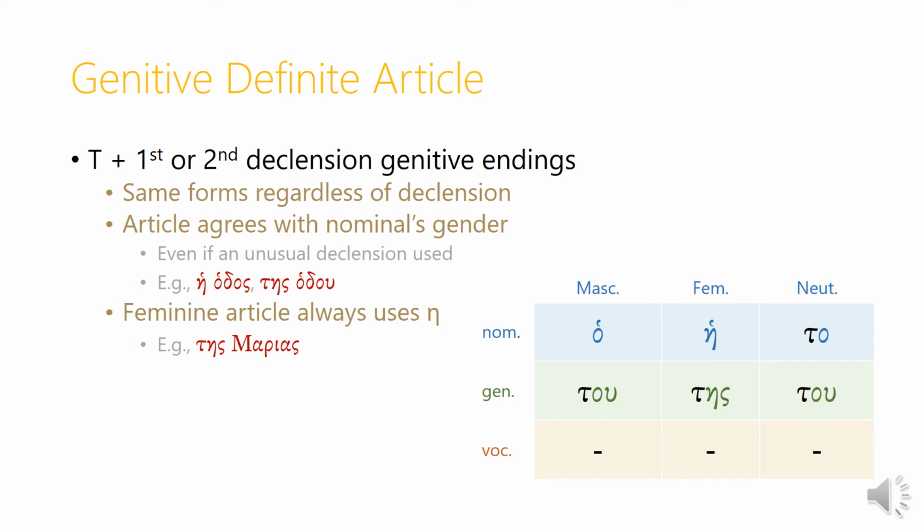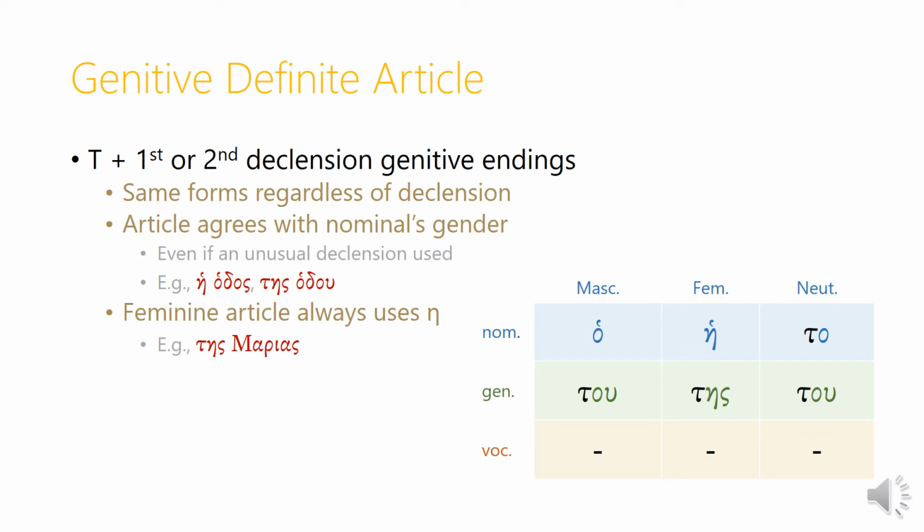The feminine definite article also, we need to remember, always uses the eta connecting vowel, even if the noun that it's introducing is one of the nouns that uses an alpha connecting vowel. Because remember, in the first declension, we can have either alpha or eta as a connecting vowel depending on the noun.